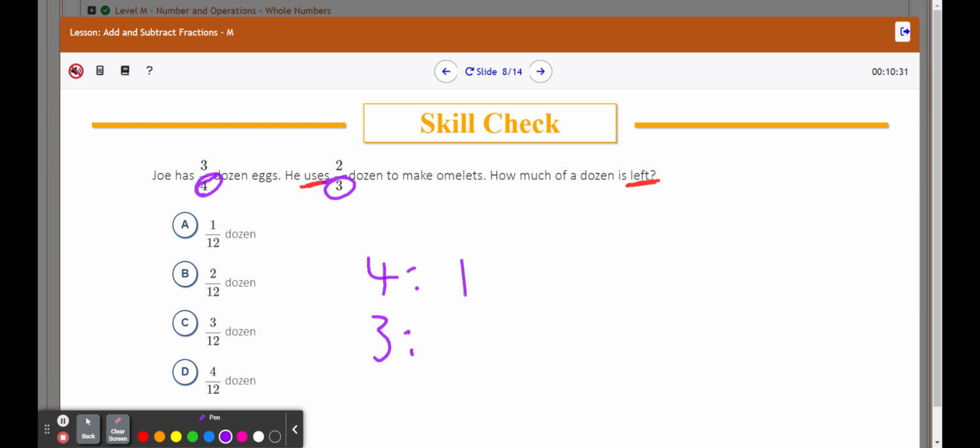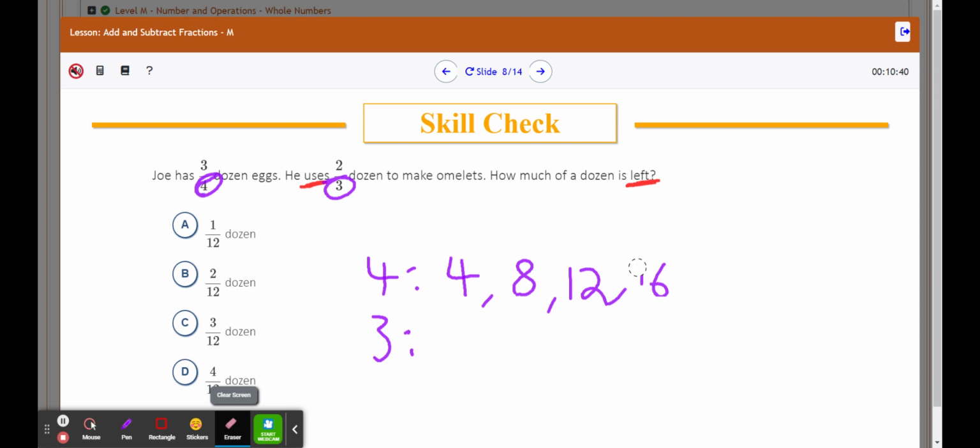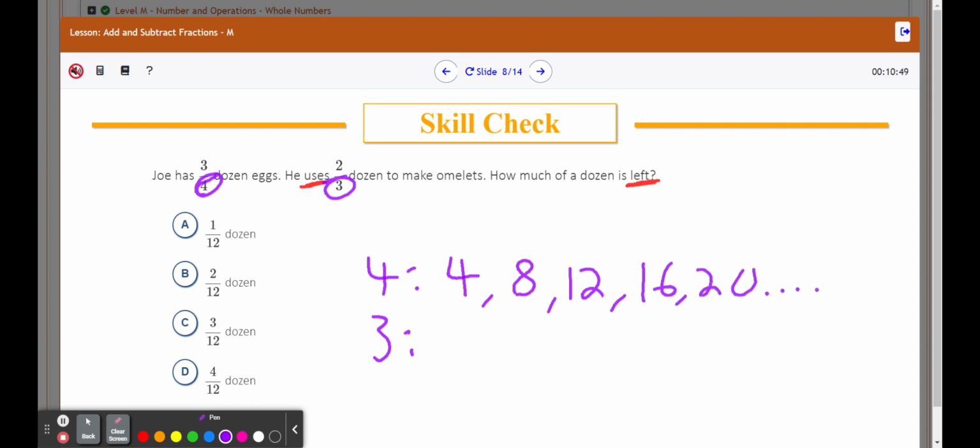So here's my multiples of 4. 4, 8, 12, 16, 20, and so on. Okay.